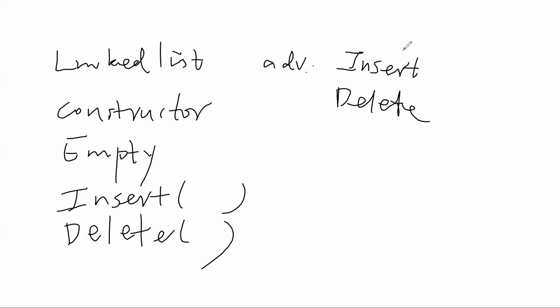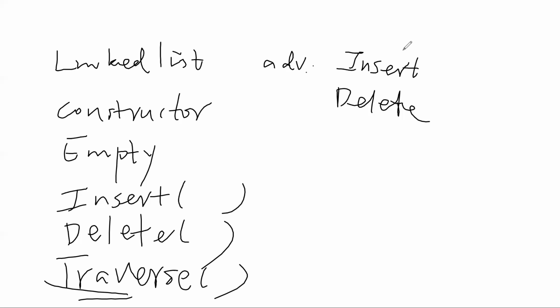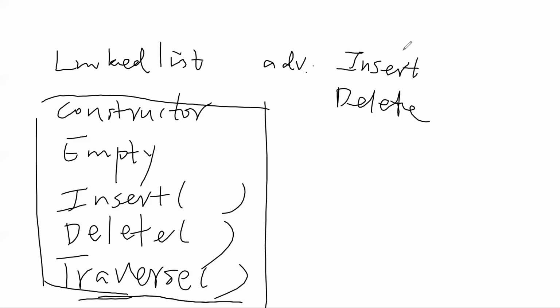That kind of operation we call traversing. Traverse. So that's an important operation. Generally speaking, if we want to create a linked list, those are the very basic operations that you need to provide.